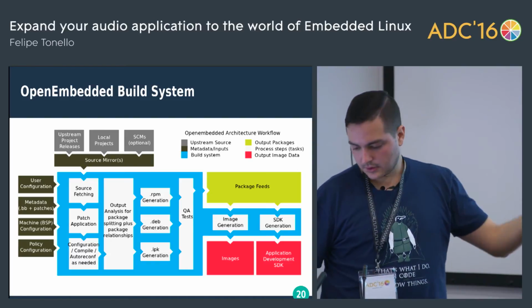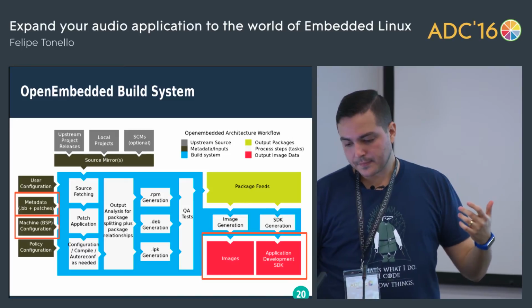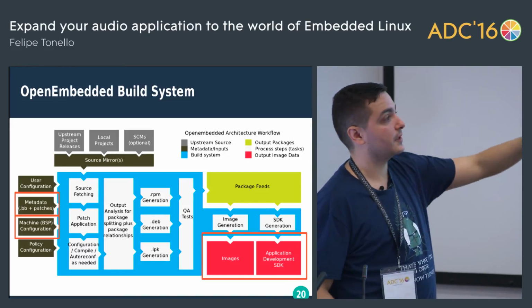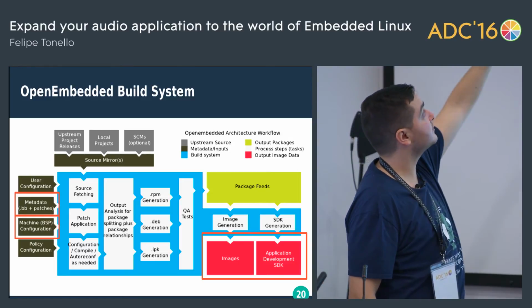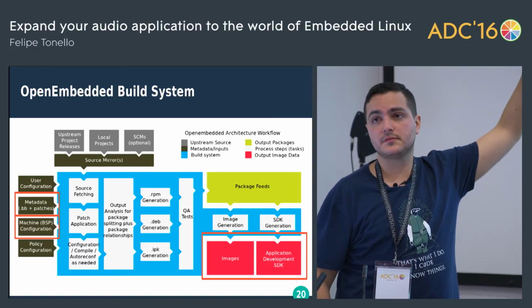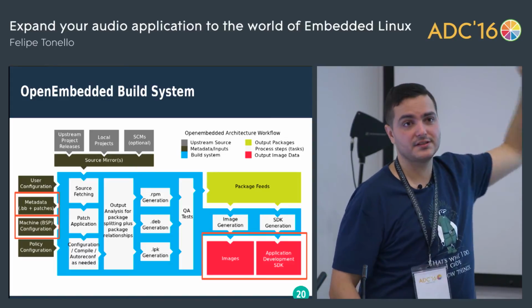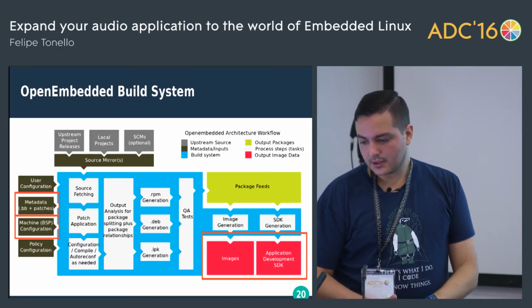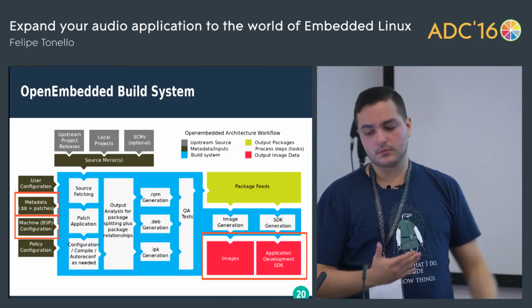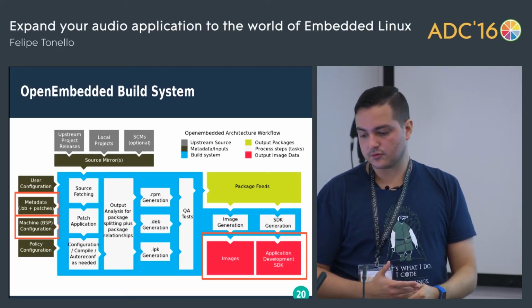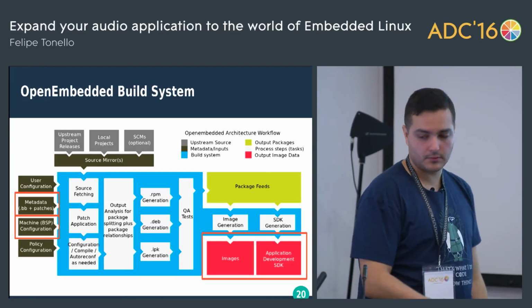So with this build system, it's pretty cool because you only need to worry about these things that I highlighted. One thing is the metadata, which in this context we call recipes. I'm going to show what a recipe is, but a recipe basically defines a configuration or build logic, packaging, and instructions on how to build the software and an image, for example.